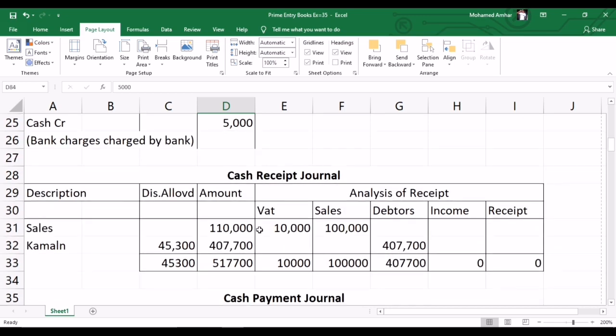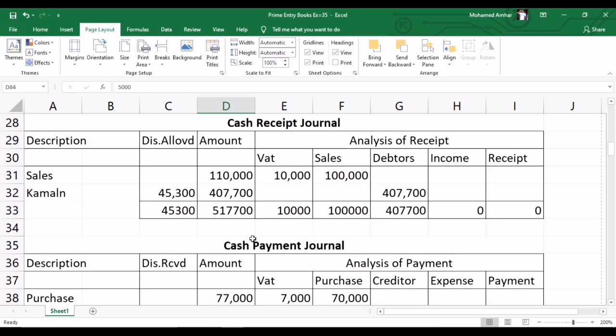Now go to the cash receipt journal. Right, discount allowed total 45,300. It should be debited to discount allowed account and credited to debtor account, because when debtors are paying, we are allowing discount.